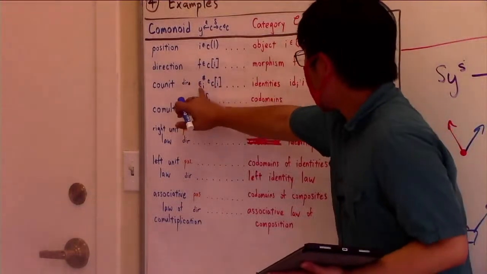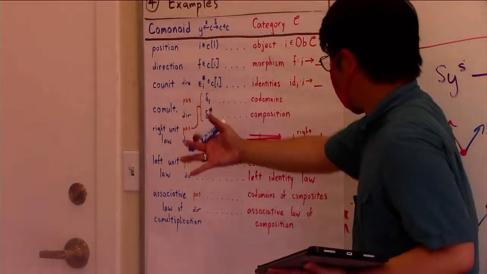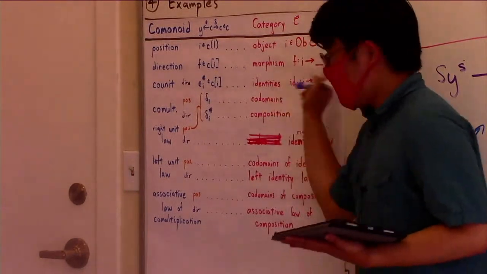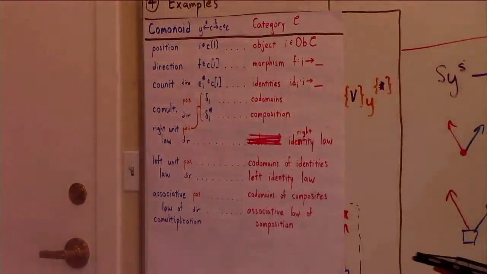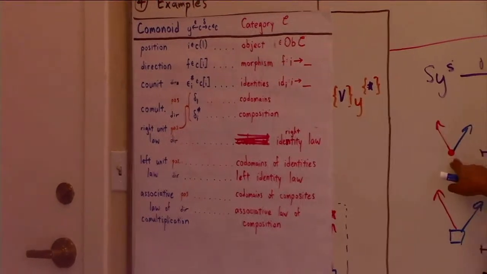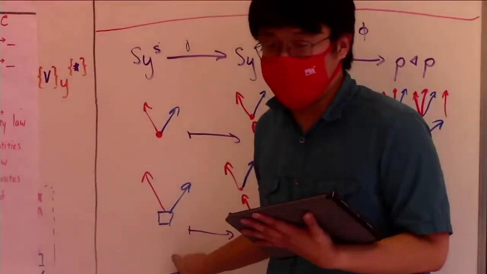And so remember, our directions are our morphisms, and so the direction specified is going to be our identity morphism coming out of i. And so that's the do-nothing arrow that I've been talking about, the red arrow for the red dot and the blue arrow for the blue square.